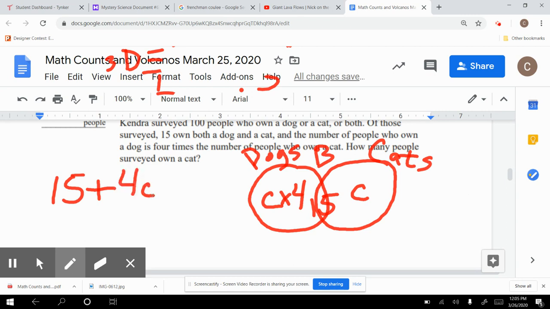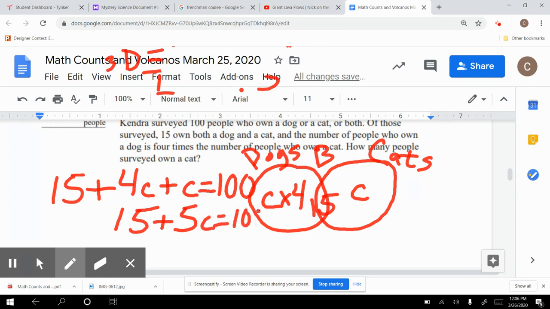Remember, if there's no sign between the number and the letter, that means multiplication. There's 4 C's for dogs. Plus, how many people own cats? We should get 100. Now, I'm going to add up all my C's. I have 4 C's here, and then I have 1 C here, which gives me 5 C's equaling 100.